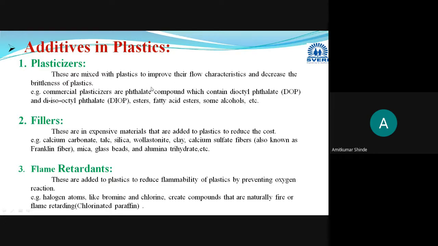Generally phthalate compounds are used, and some rarely used chemicals like fatty acid esters or some types of alcohols are also used as plasticizers to improve the flowability and decrease the brittleness of the plastic material. So this is related to the plasticizers.